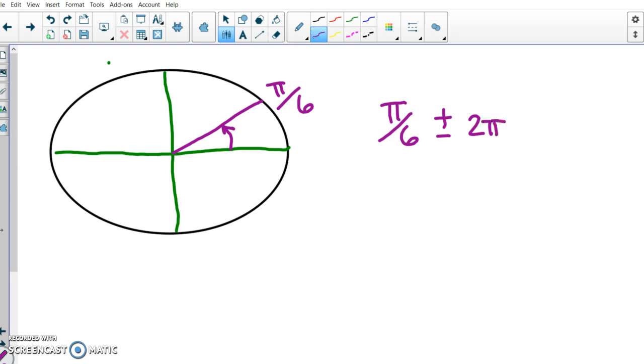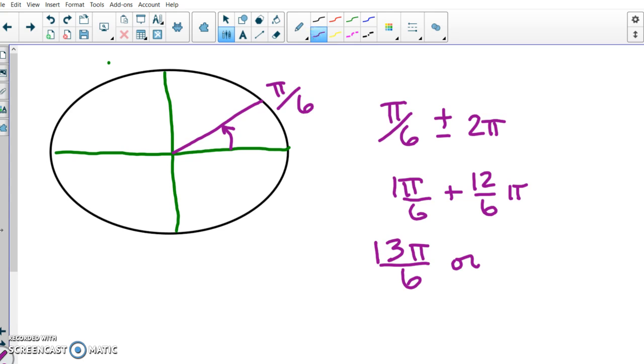So 2 pi we can write as 12 over 6, 12 over 6 pi, and pi over 6, that's 1 pi over 6, plus, so a coterminal angle would be 13 pi over 6, or 1 minus 12, negative 11 pi over 6. And those two angles could be sketched out.